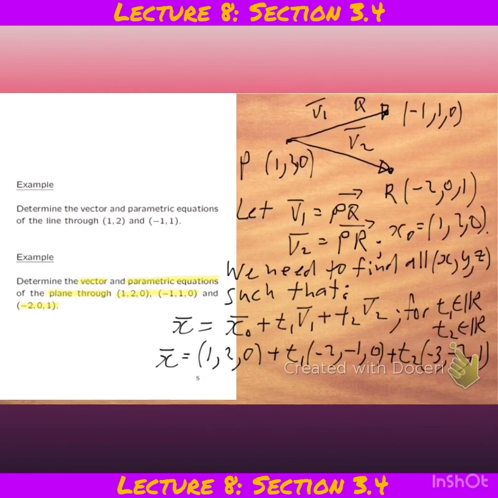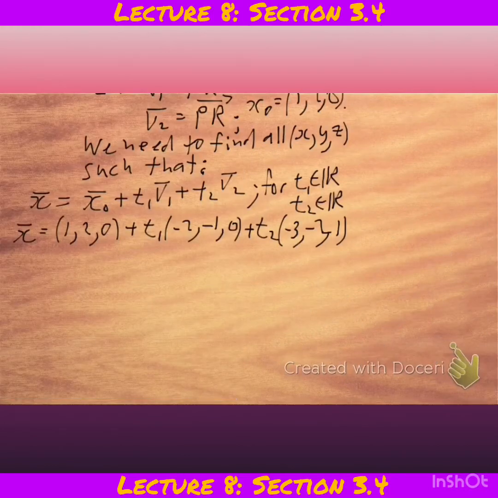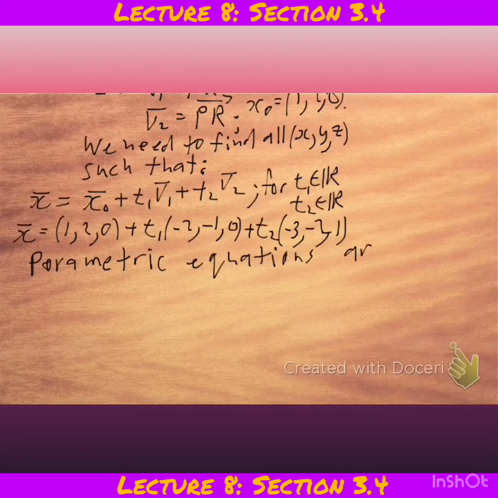Okay, so what are the parametric equations? For x, we've got 1 minus 2t1 minus 3t2.